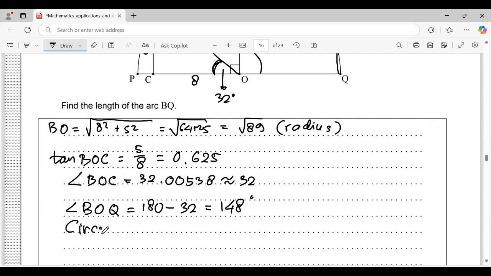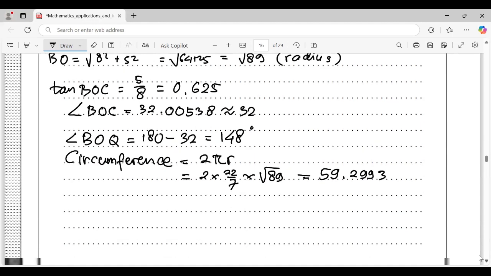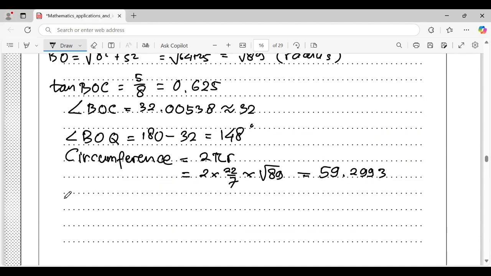The circumference formula is 2 pi r: 2 times 22 over 7 times square root 89. This is the radius. If you calculate it, the result is 59.2993. That will determine the arc length.